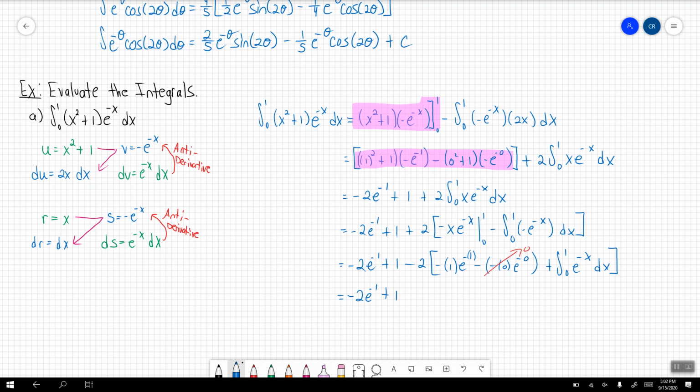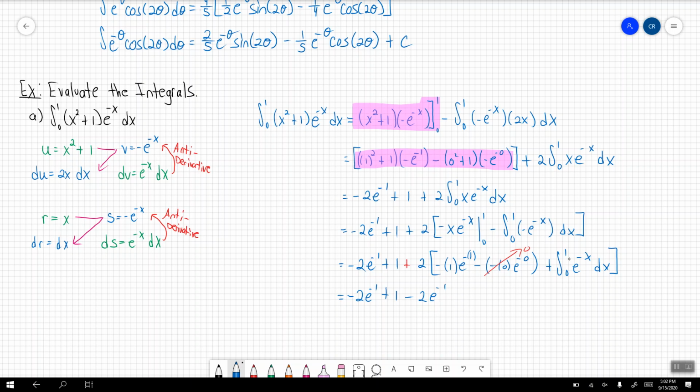And oh, I accidentally did one too many negatives there. Okay, so my apologies. So in here I get negative, there we go, that's where the negative comes into play. Negative 2e to the power of negative 1. Awesome. Let's keep going. All right, looking good so far.